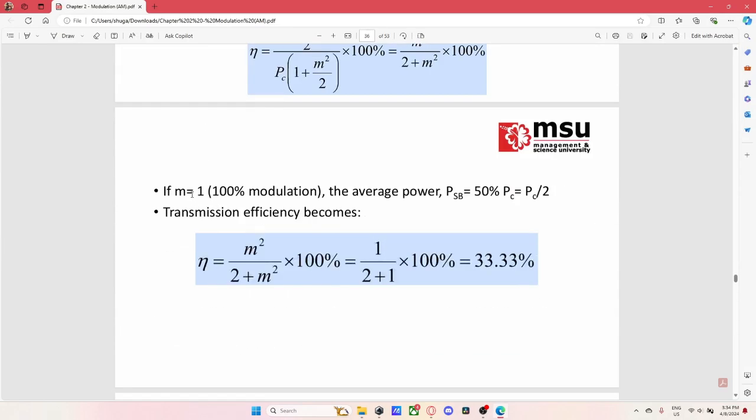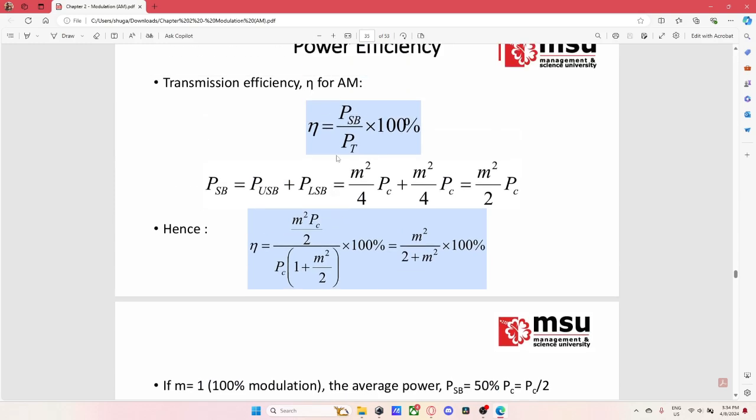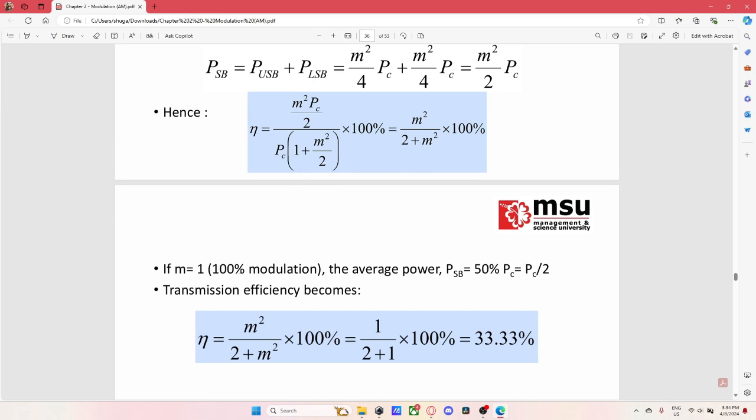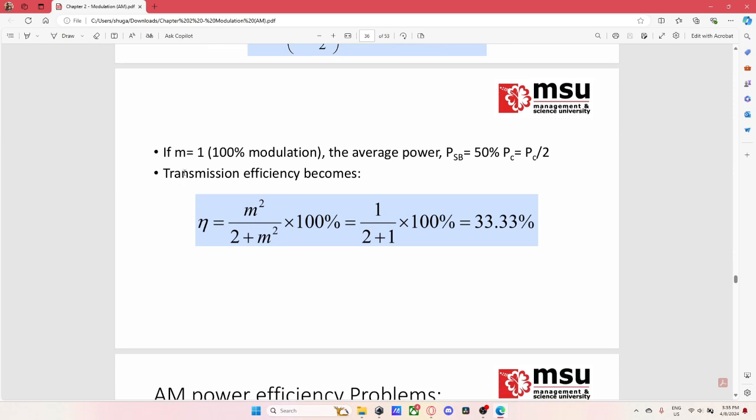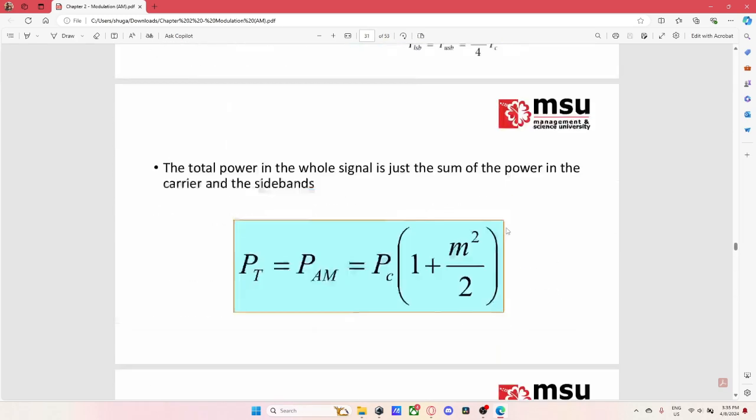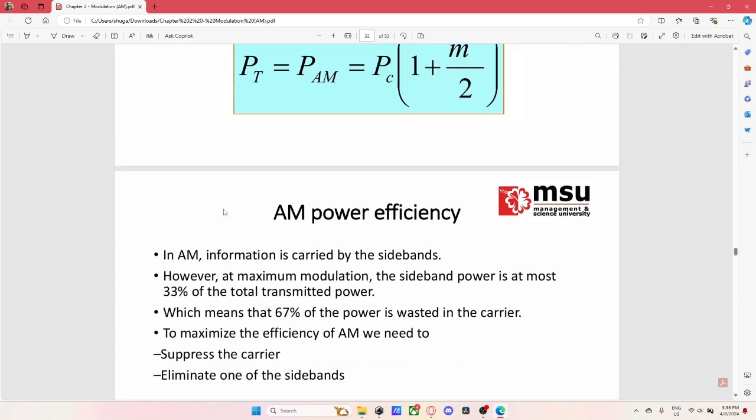If M is equal to 1, PSB and PT have the same value, it is 100% modulation, and the average power of PSB is equal to 50%, while PC is equal to PT divided by 2. The transmission efficiency becomes eta equal to M squared over 2 plus M squared times 100%, and it is equal to 33%, which is mentioned in the above theory.